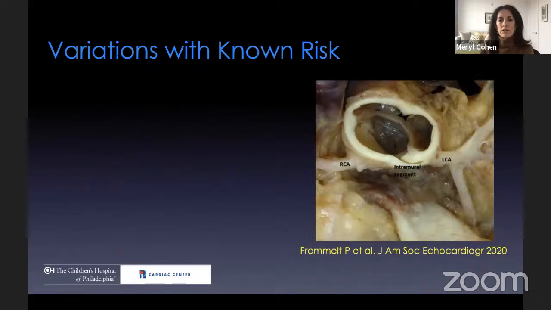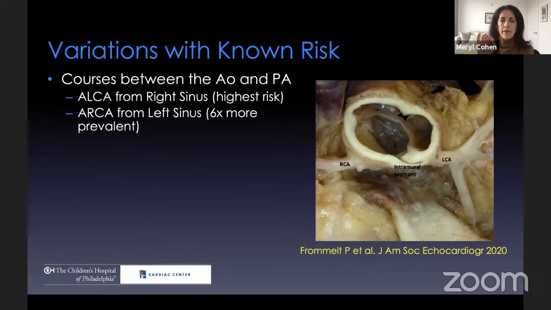And then there are, of course, the variations with known risk of sudden death. And that includes coronaries that cross between the aorta and the pulmonary artery, including anomalous left coronary artery from the right sinus. And this is what we consider the highest risk because it's the left coronary that would become compromised. And then anomalous right coronary from the left sinus.